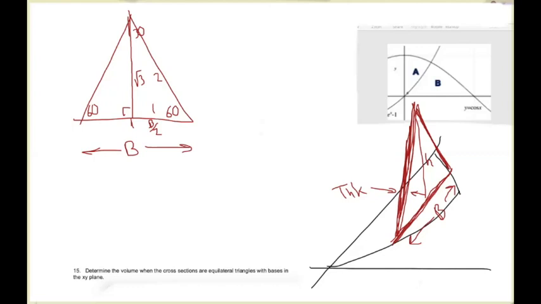This is base over 2. And this I'm going to call the height. I'm going to set up a proportion that the height over the base over 2 has a ratio that's equal to the square root of 3 over 1. Is that right?